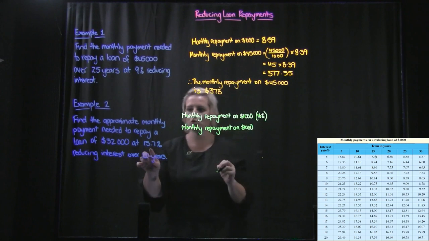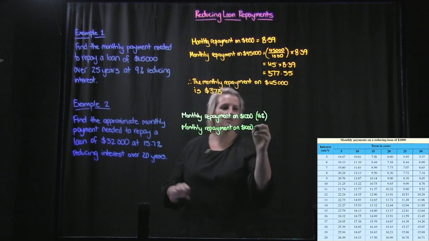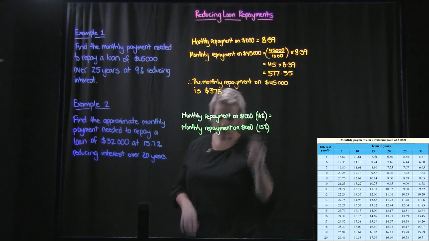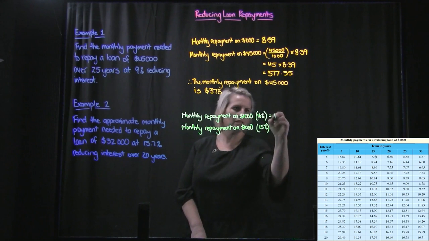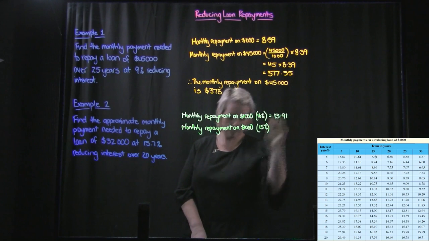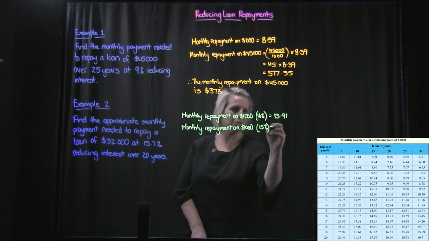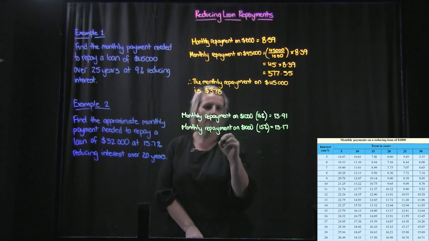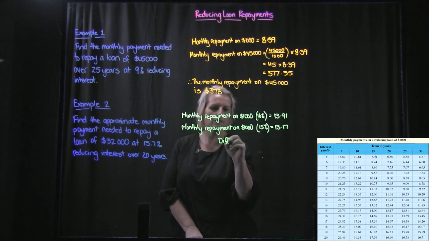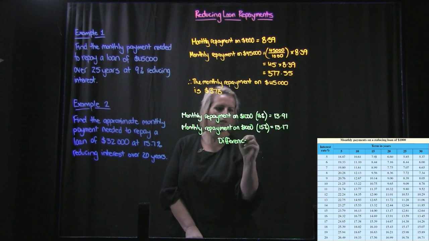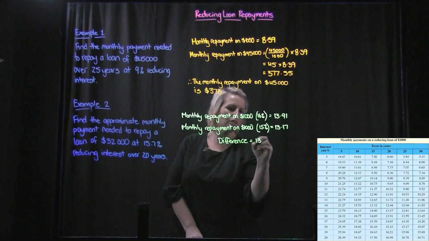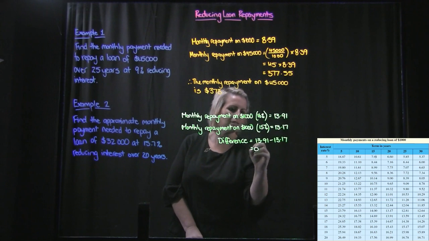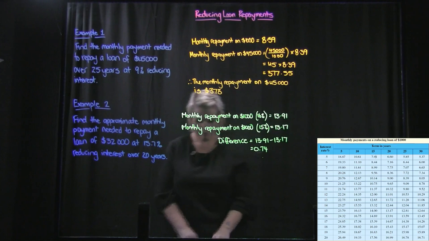So because we're between 15 and 16, 15.7 is between 15 and 16%, we need to find both. So my 16% is $13.91. My 15% is $13.17. So if I look at that, the difference is going to be $13.91 minus $13.17, and that gives me a difference of 74 cents.